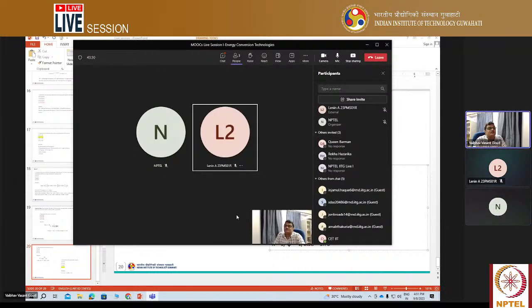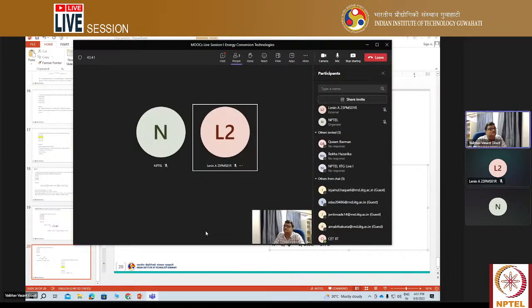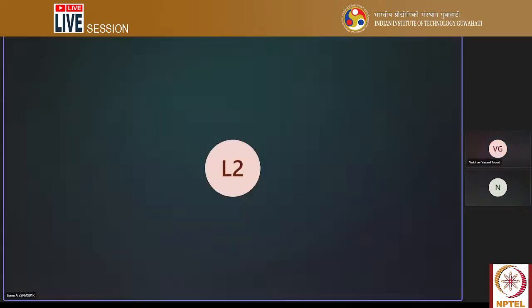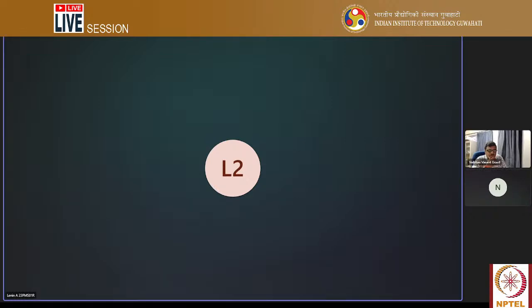So is there any query or any question? Sir, is the biogas being marketed for domestic fuel purposes as of now, or is it only utilized for power generation?